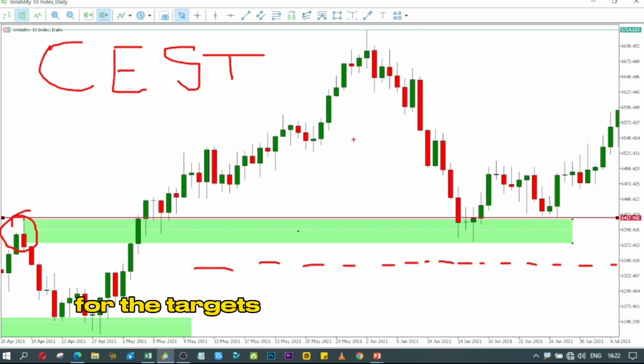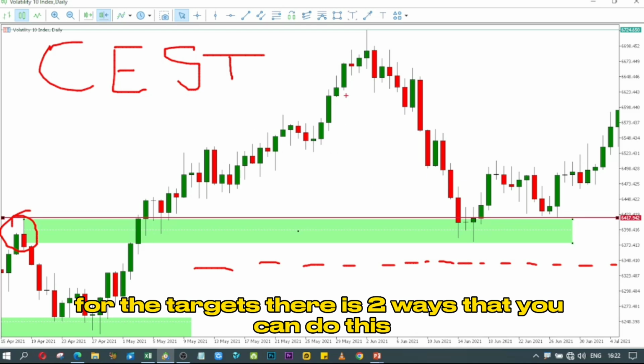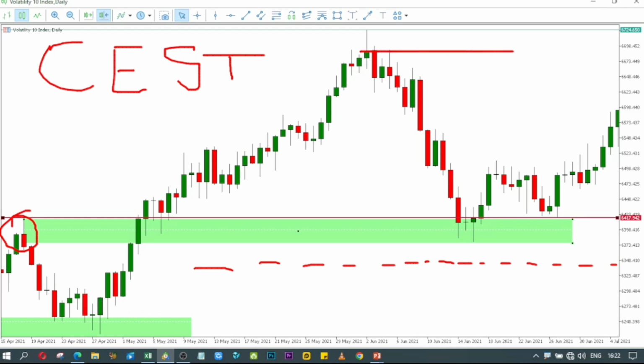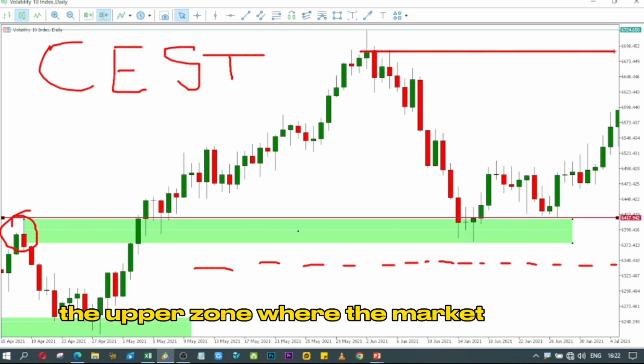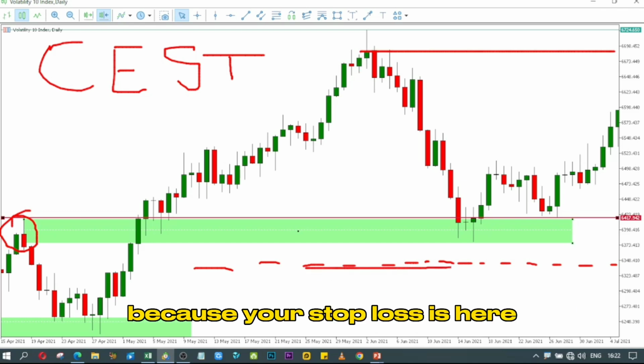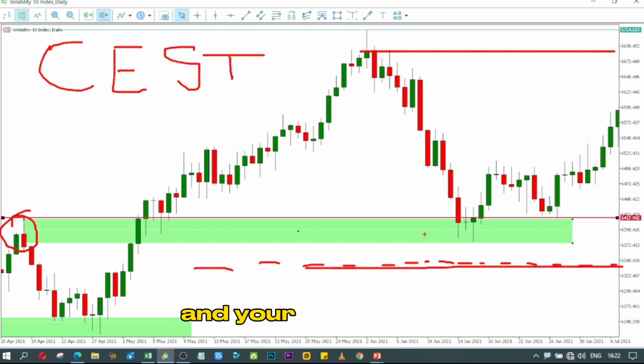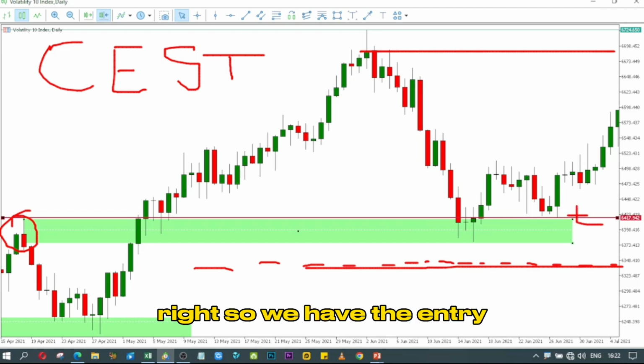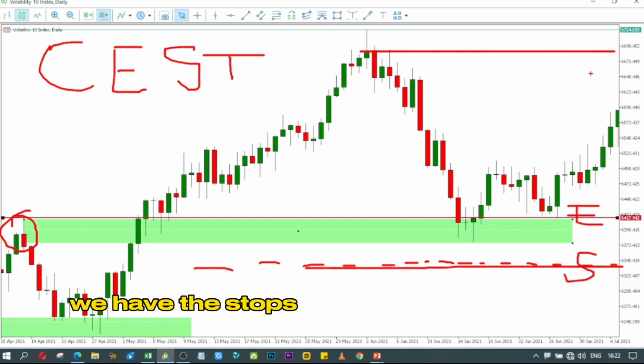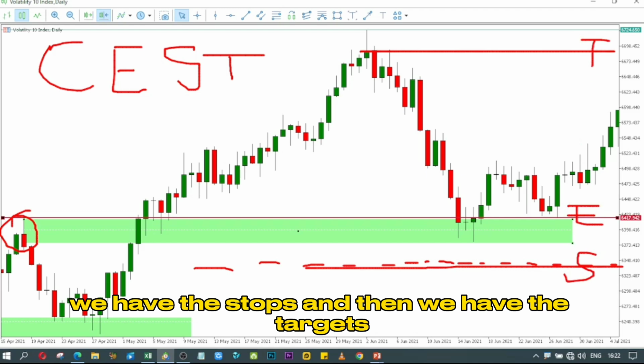Right, so for the targets, there's two ways that you can do this. You can target the upper zone where the market got to, because your stop loss is here and your entry is here, right? So we have the entry, we have the stops, and then we have the targets, right?